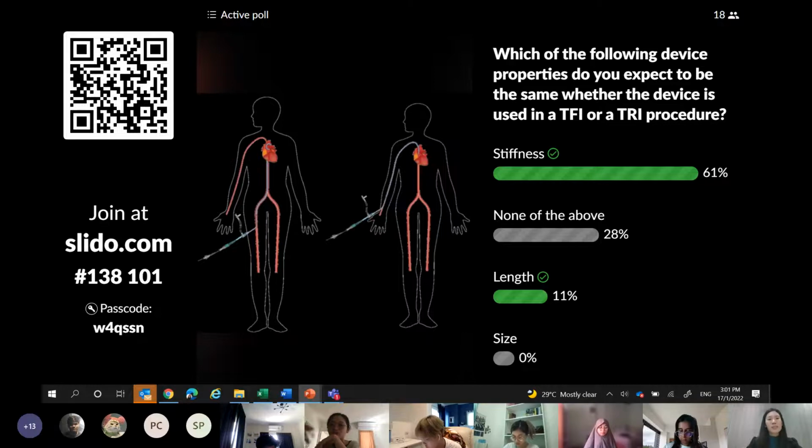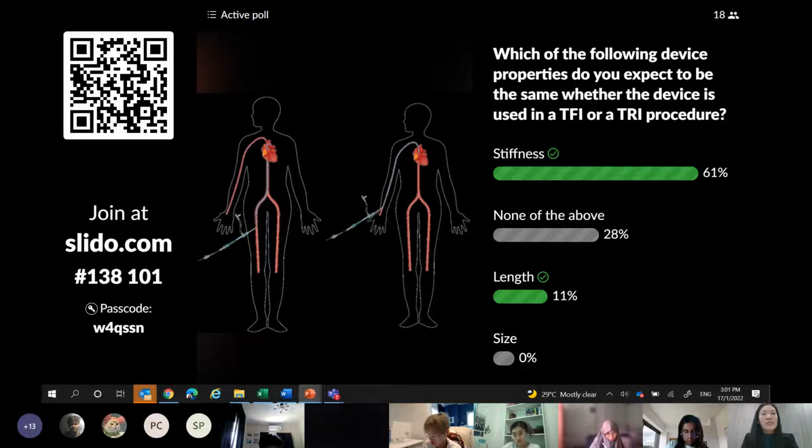If you put your hand down, you realize that it's actually very similar in terms of where your radial artery and your leg artery is. So length is actually the same, and stiffness is actually very similar because there's no difference in requirements in TFI or TRI, whether you access it through the groin or through the radial. The stiffness of the device matters later, not so much at the access site itself. So actually no difference in the stiffness.